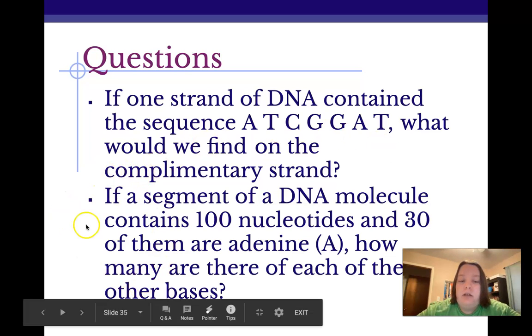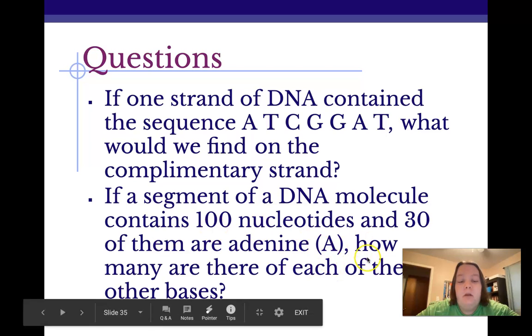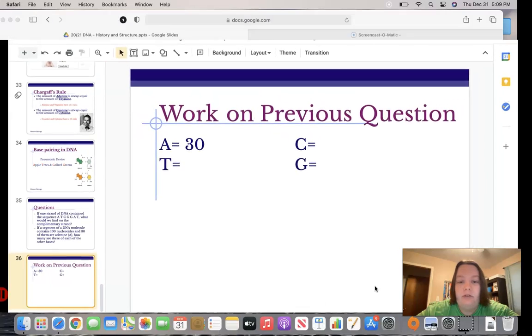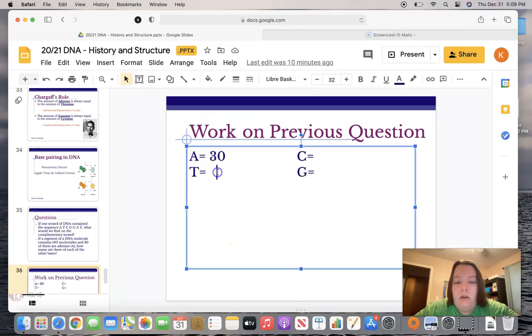And then our second question, I'm going to do the math on the next slide. If a segment of DNA contains 100 nucleotides, so I have 100 total, 30 are A, how many are there of each of the other bases? So the way that I would figure this out, it told me I have 30 A's.